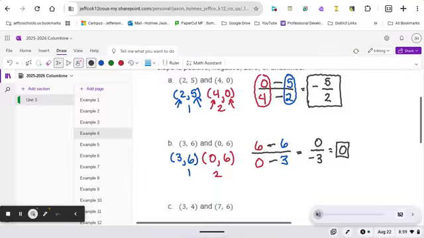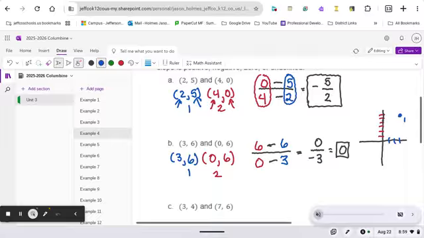Now, there's something going on in this problem, and I'm just going to draw it out real quick. At 3, 6, so 3 is 1, 2, 3, and up 6 is 1, 2, 3, 4, 5, 6. There is a coordinate right here at (3, 6), and that's the first point.